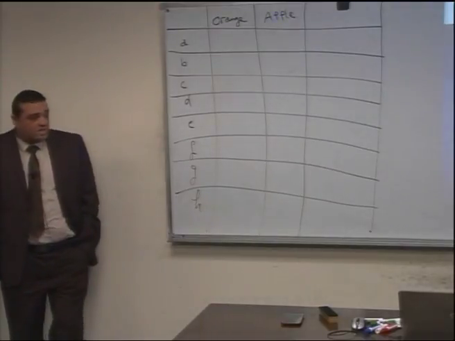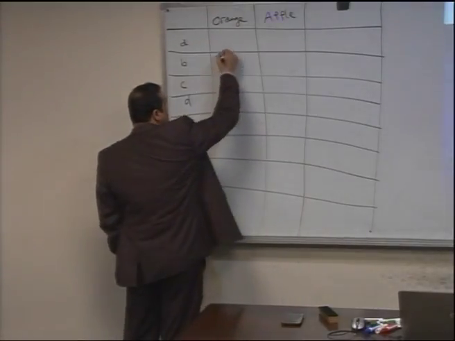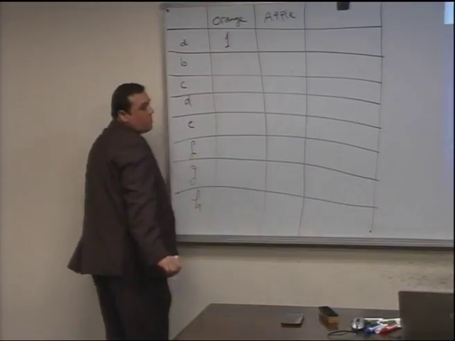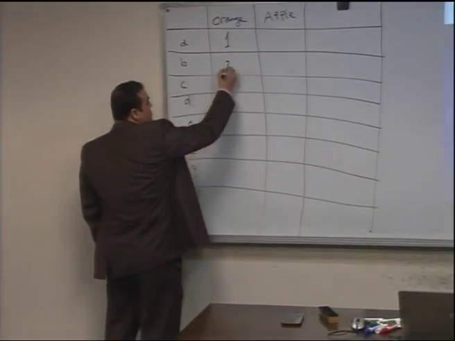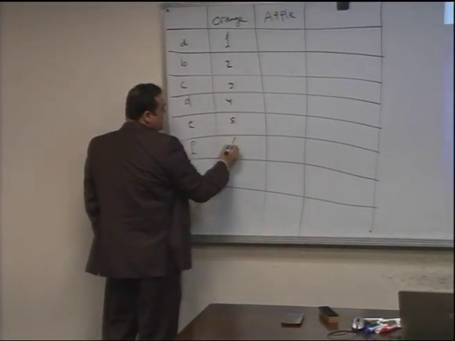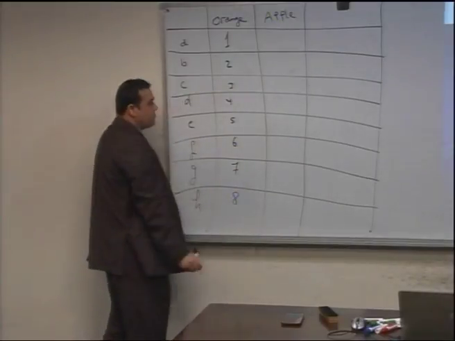Let us assume that this consumer consumes 1 kilogram of orange, 2, 3, 4, 5, 6, 7, 8.